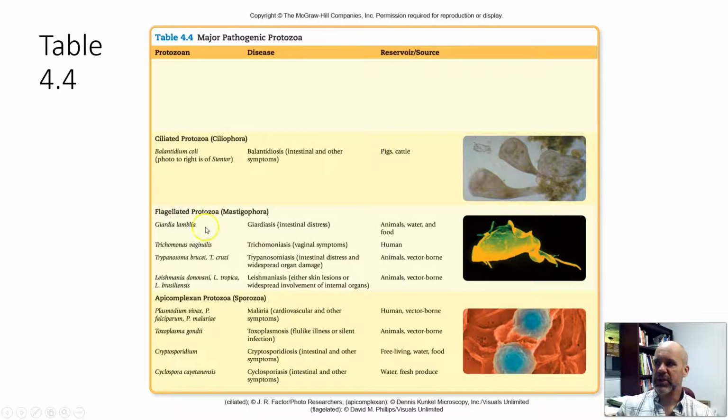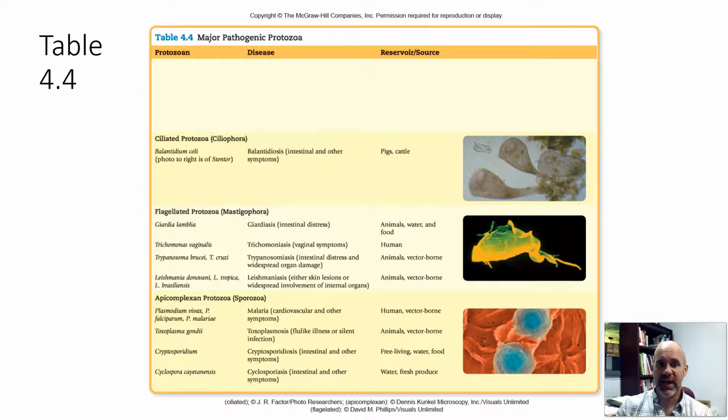Flagellated protozoans, a really good example, Giardia lamblia. So maybe you've heard of that before. That is a flagellated protozoan that also causes a really nasty diarrhea. Little kids sometimes pass it to each other in daycares if they have it. It has this trophozoite stage that lives in the intestinal tract and is feeding, but it goes dormant and forms cysts, and you release those cysts in your feces.